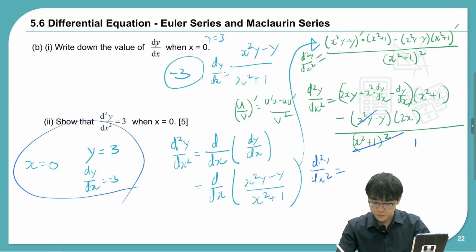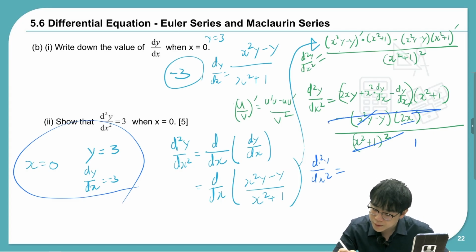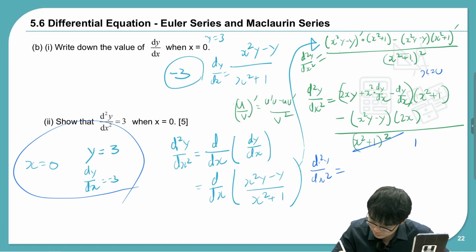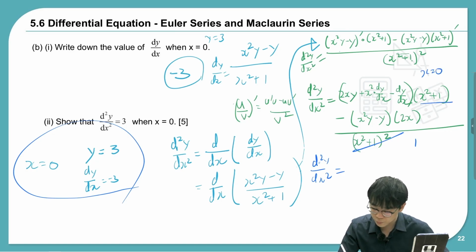If you have 2x, x is 0, so this term goes away, because we're multiplying 2x to whatever this is, all of this goes away. This one would be a 1. These terms will all go away, and then we get negative dy over dx, times 1 over 1. So that's just going to be 3.